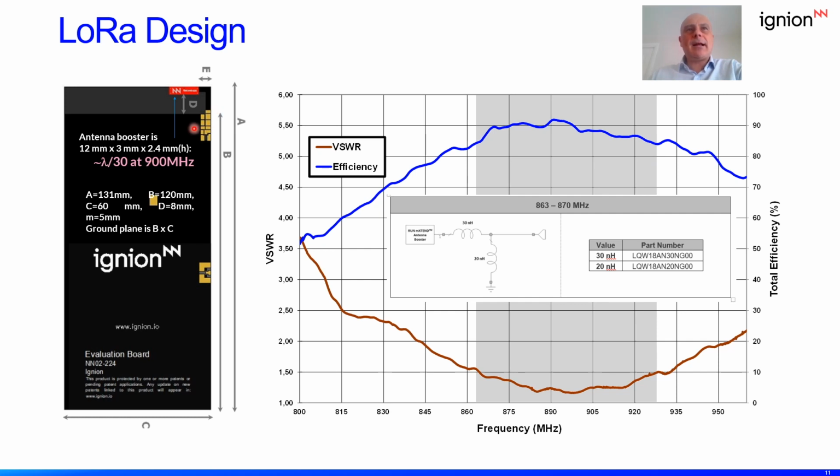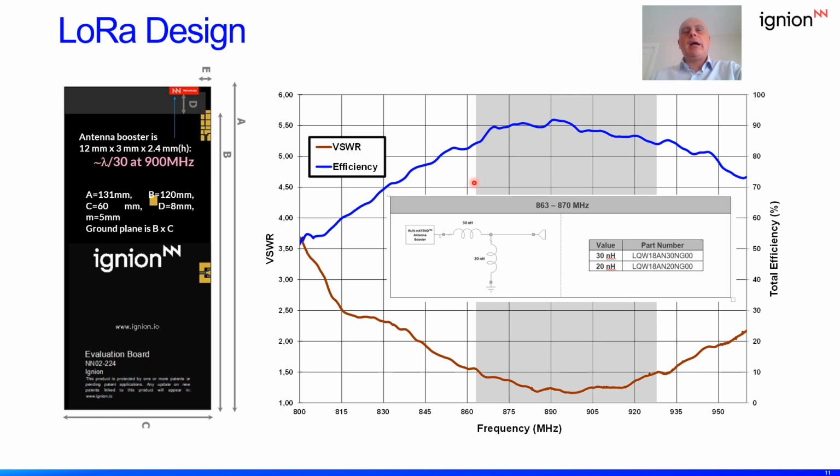By simply designing a matching network that should be in this area, in this case a combination of two components, two inductors, we can have a good measured SWR and a good total efficiency measured in an anechoic chamber.